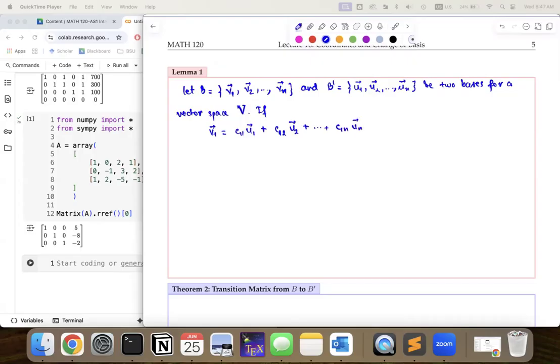So V1 is a linear combination of all the vectors in B prime, and V2 can be written the same way, as a linear combination of all the vectors in B prime.